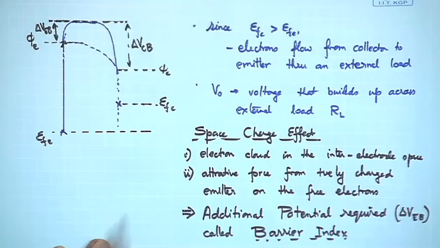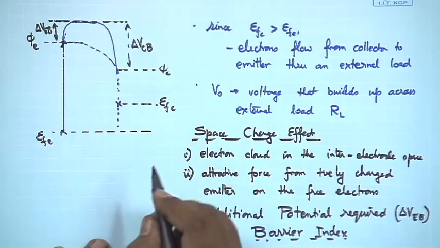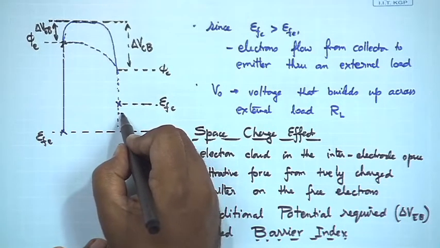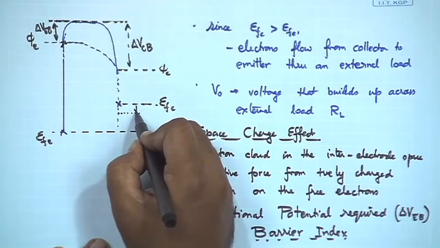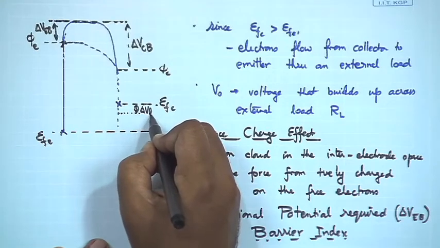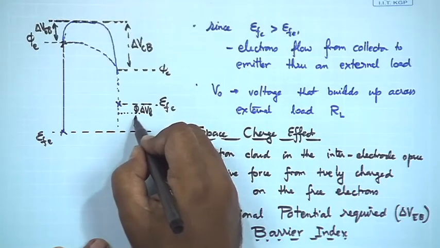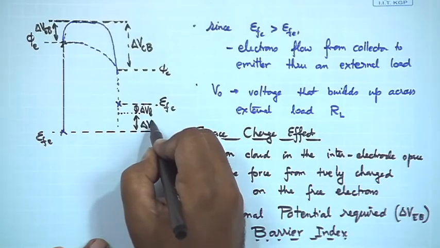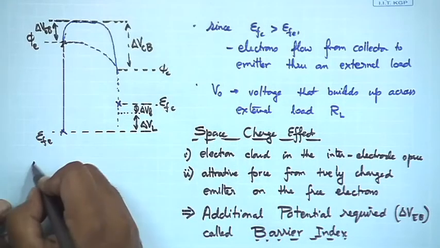Then what happens? There will be some losses because of the connecting wires and leads. So, we will call it delta V small l, and the rest will be delta V L. So, let me write it down.